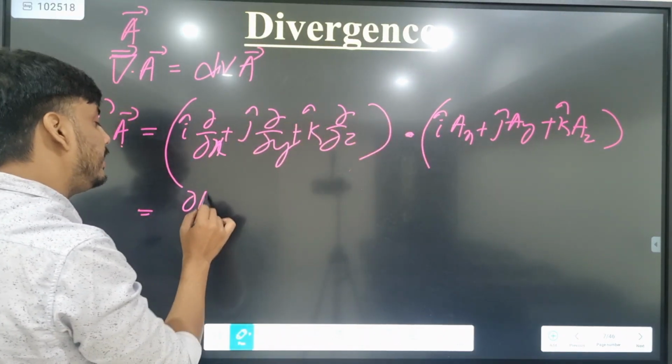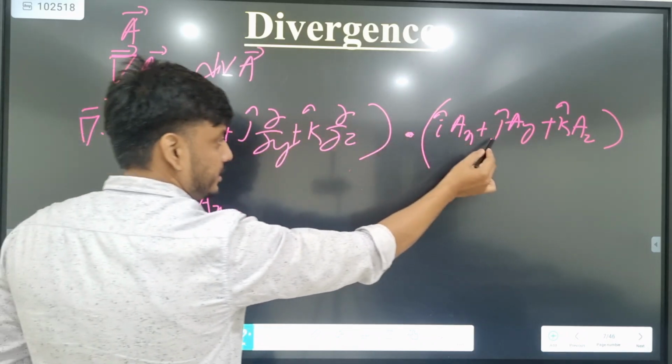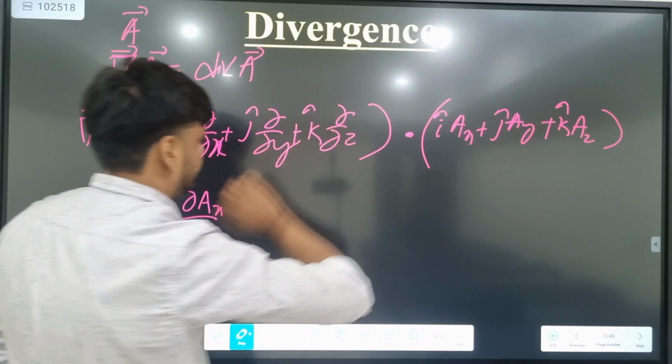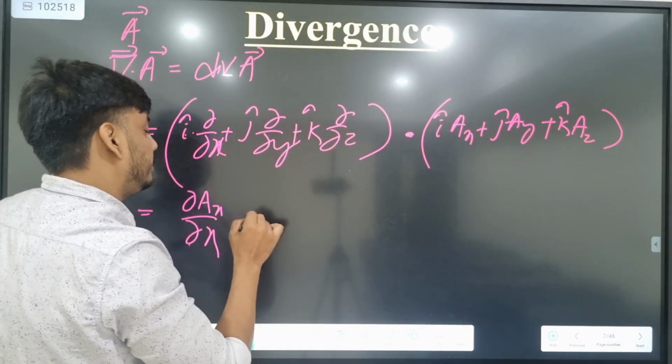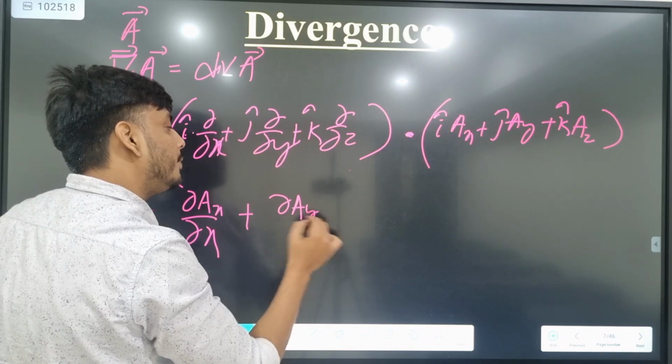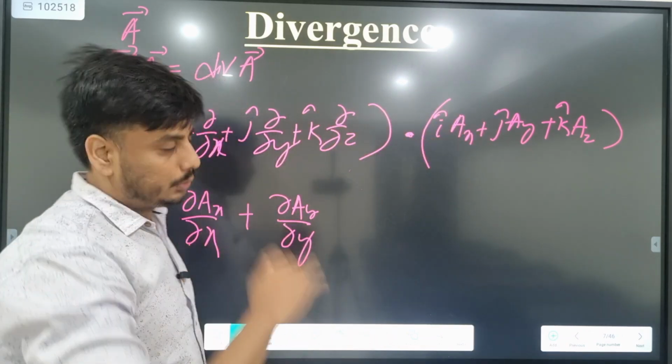So i dot i is 1, so you get del ax by del x. Then i dot j is 0, i dot k is 0. Similarly, j dot i is 0, j dot j is 1, so you will get plus del ay by del y, and j dot k is also 0.